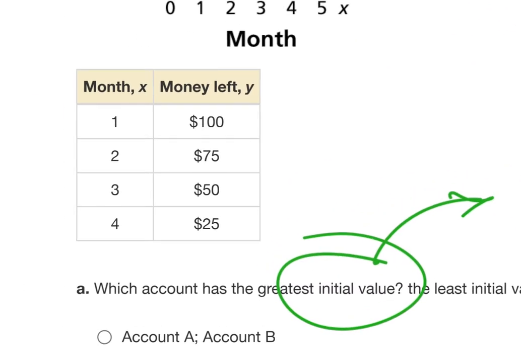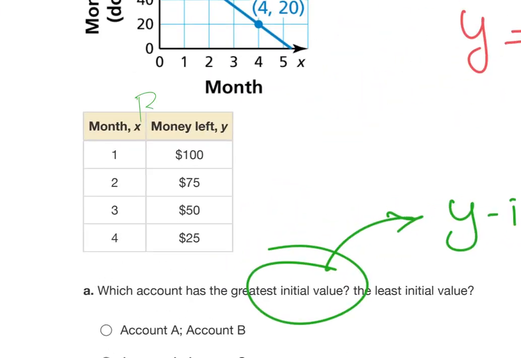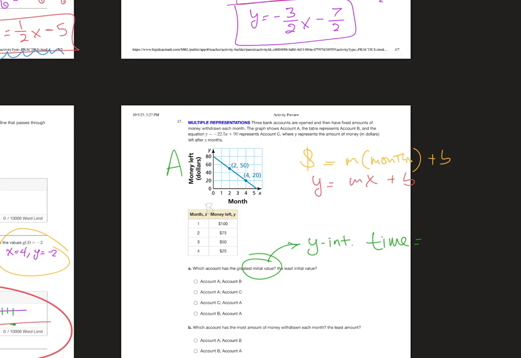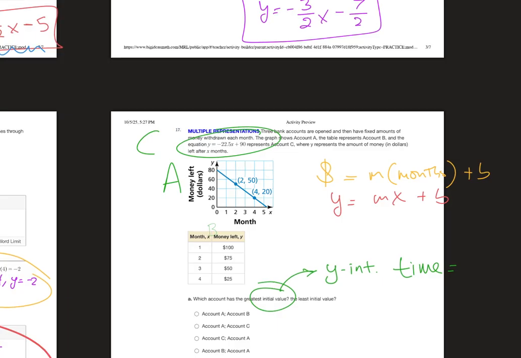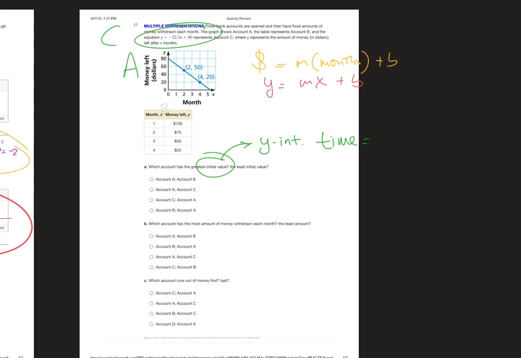For example, here, the table is B, right? So here, I'll throw a B on there. This one was A, and then the equation was C, right? I can look at these two and kind of figure it out. So C was 90. C, 90. A, 80.